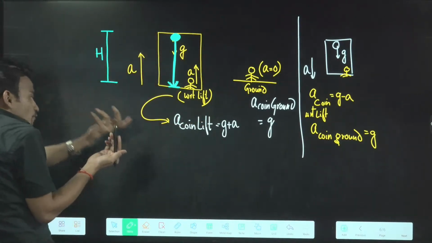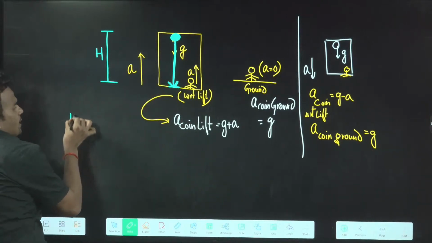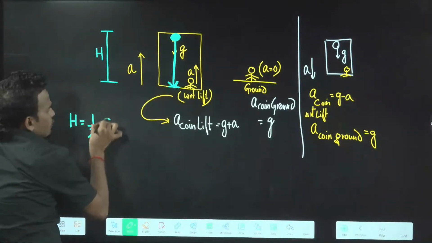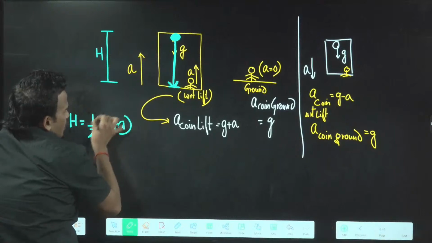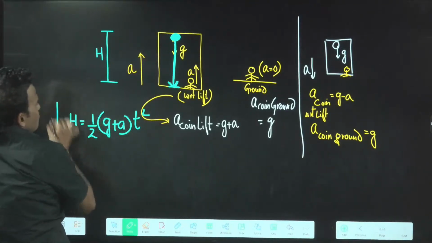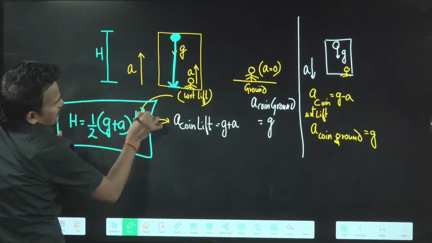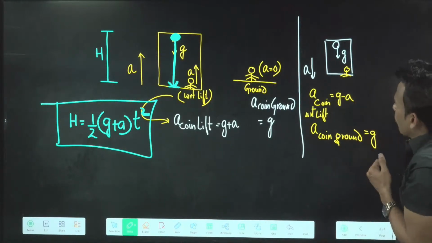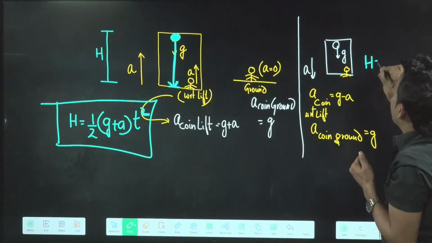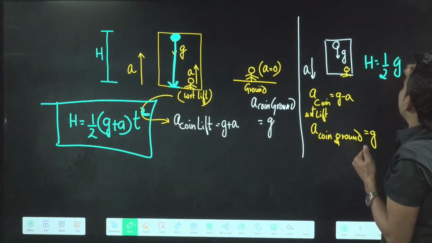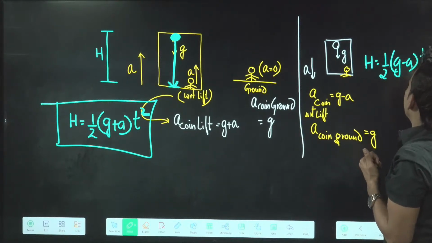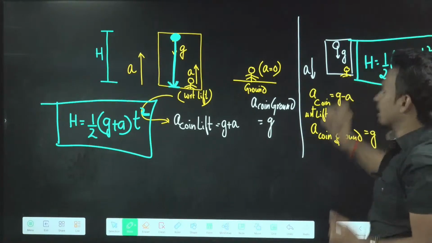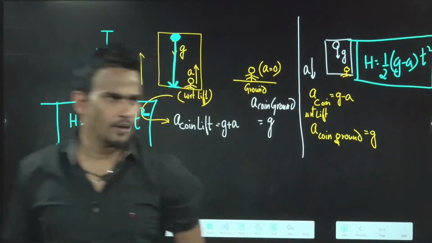You can use the second equation of motion. h will be half g plus a into t square. Using this, you can get the value of time very easily. Similarly, in this situation also you can get time. h will be half g minus a into t square. Everyone understood?